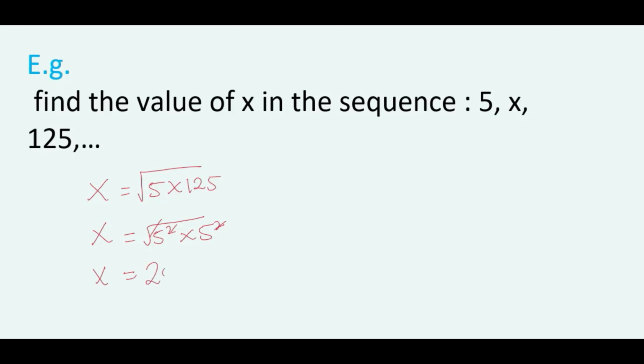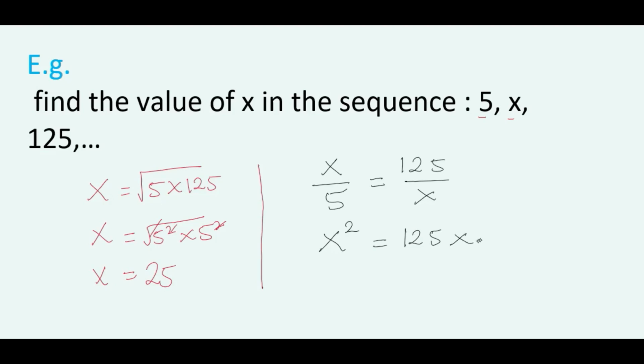25. We can also decide to use the common ratio way. You know that the second term divided by the first term is the common ratio. So we say that x divided by 5 equals the third term divided by the second term, which is 125 divided by x. We cross multiply, we now have x squared equals 125 times 5.